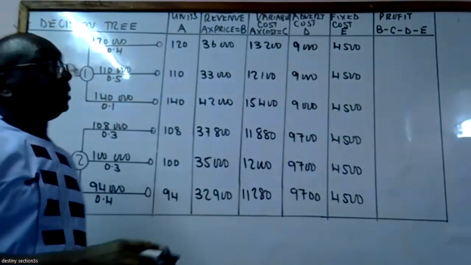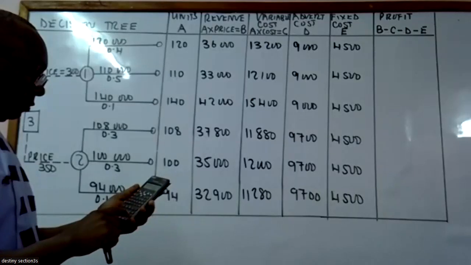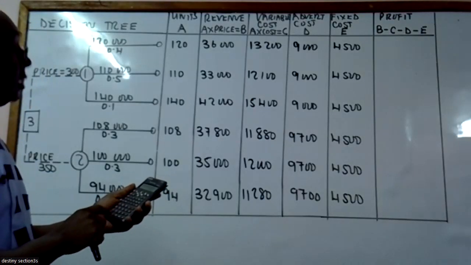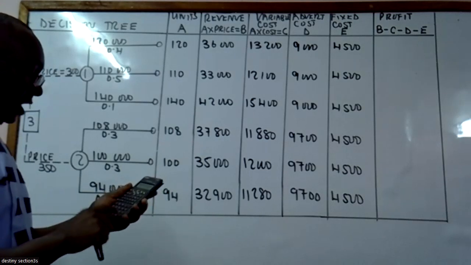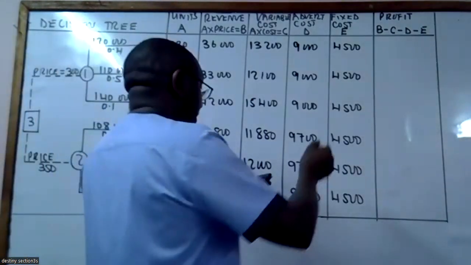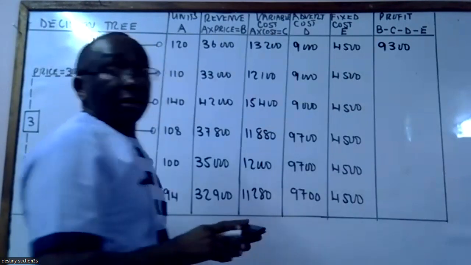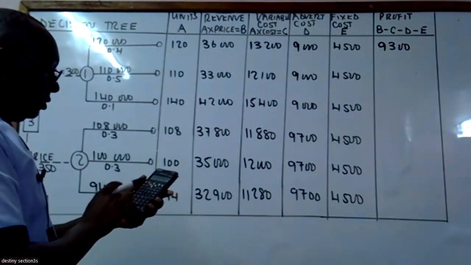Let's now quickly start subtracting to say that 36,000 minus 13,200 minus 9,000 minus 4,500. I'm getting 9,300. Make sure you also do so that if we disagree, you let me know.